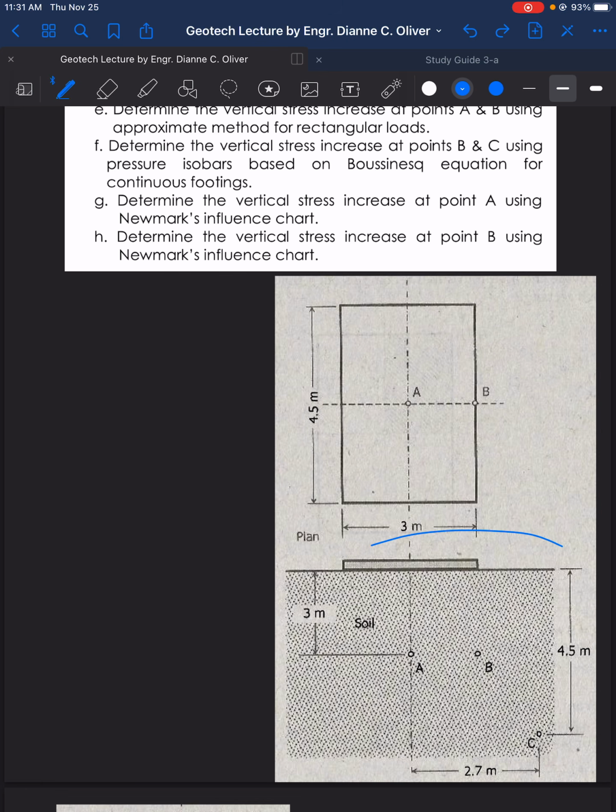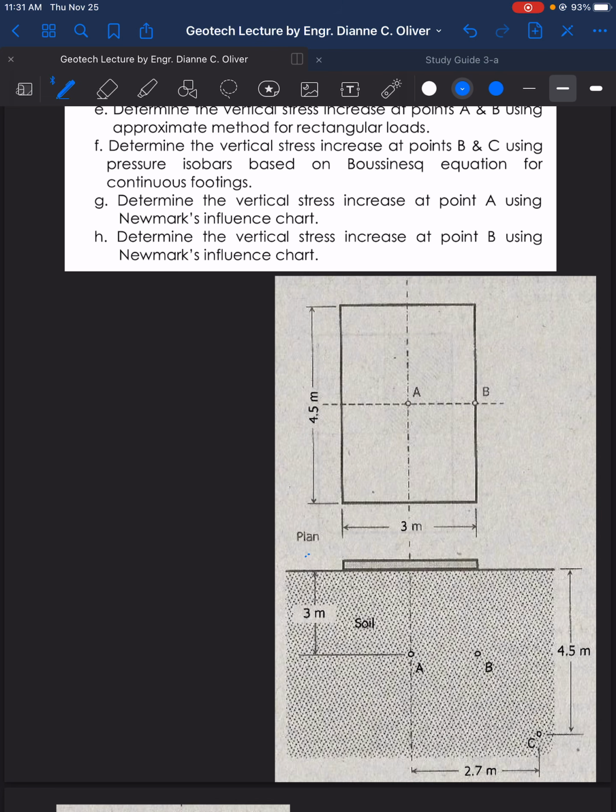Then this is the soil profile along with the cross-section of the concrete slab. This shows the length, and this shows the width of the slab.